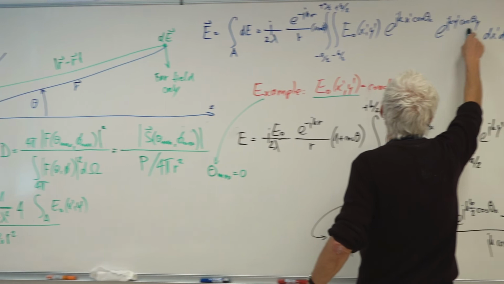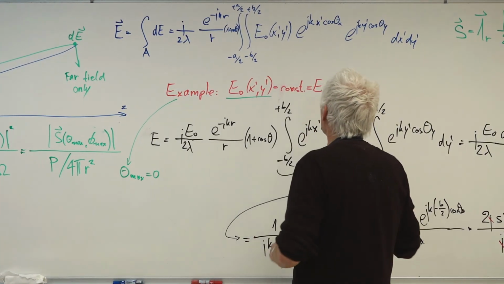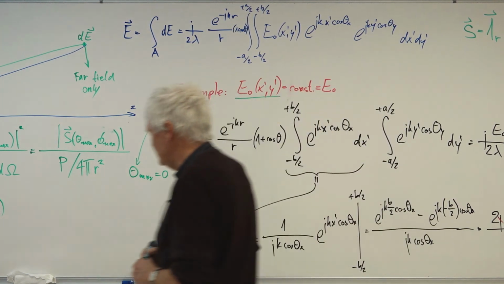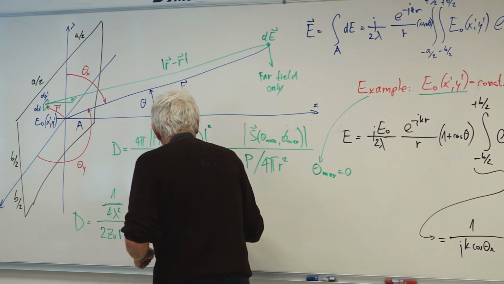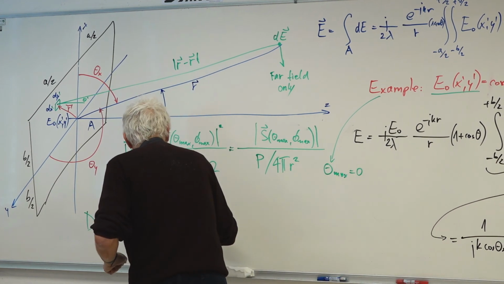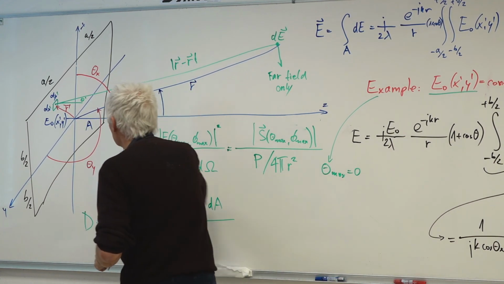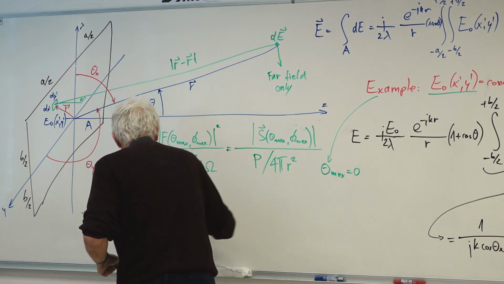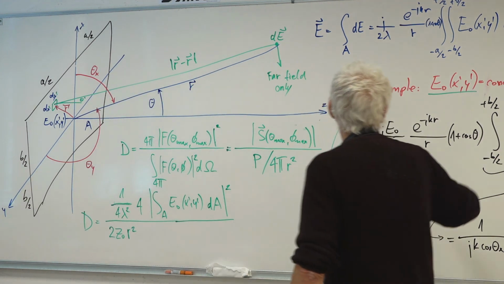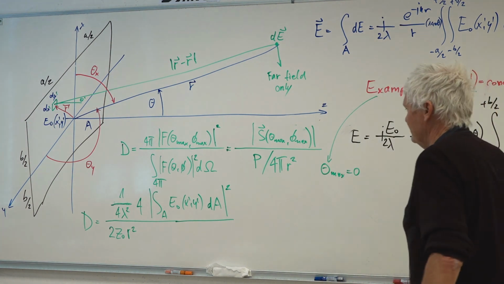These two exponents go to 0 because x prime is 0 and y prime is 0. dA of the aperture A, and this thing is squared. Sorry for this mistake. I already assumed that we have a constant E0.